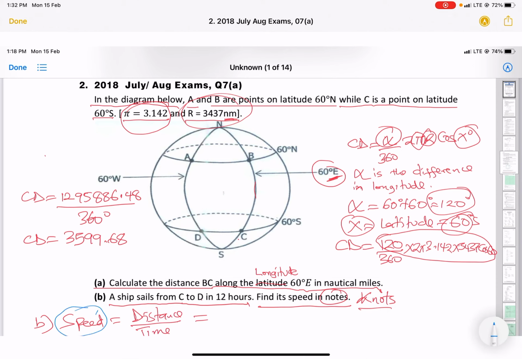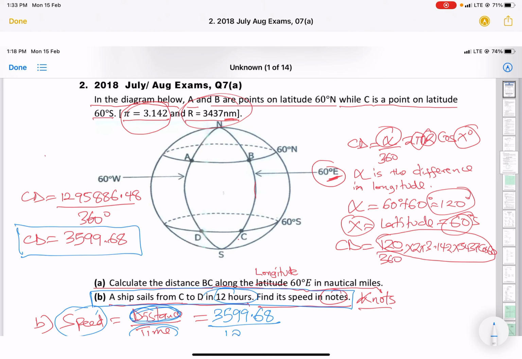Now remember, we're finding speed, and speed is equal to distance over time. Where distance, we put the distance we found, 3,599.68, over the time we were given in the question, which was 12 hours.